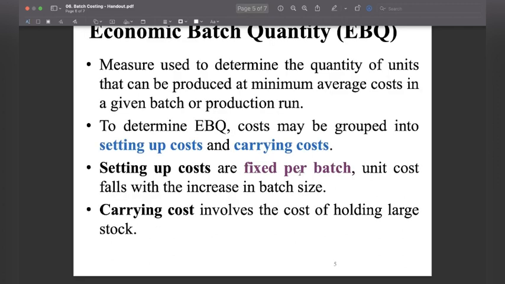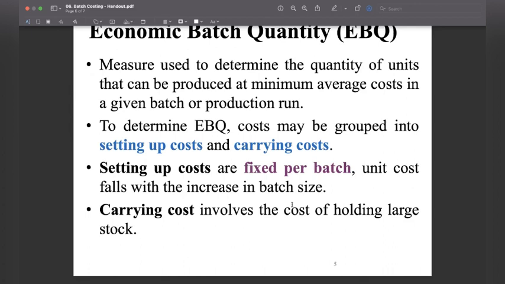So this carrying cost might be given to you directly in questions, right? But setting up costs, can you remember the last questions we did? You did some calculations to find the setup cost. Maybe the machine operator's wages, maybe the machine operating expenses. Likewise, you might need to do some calculations to find out the setting up cost.